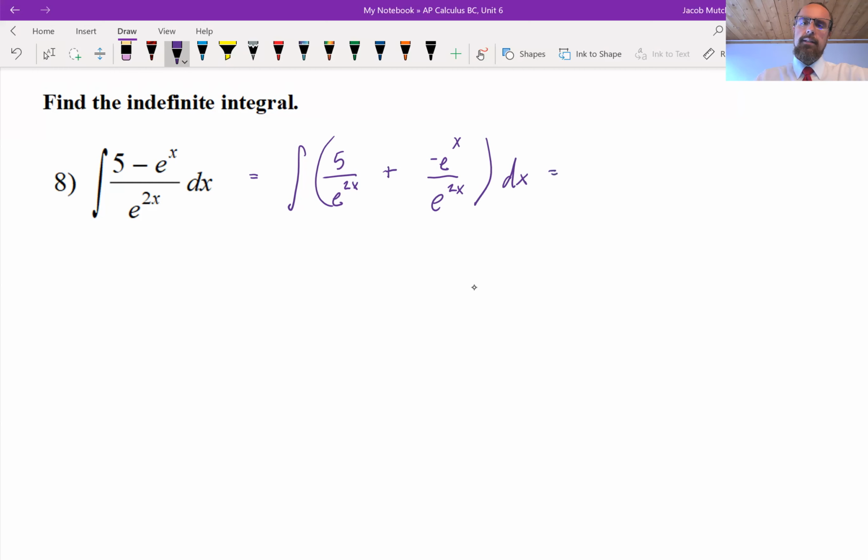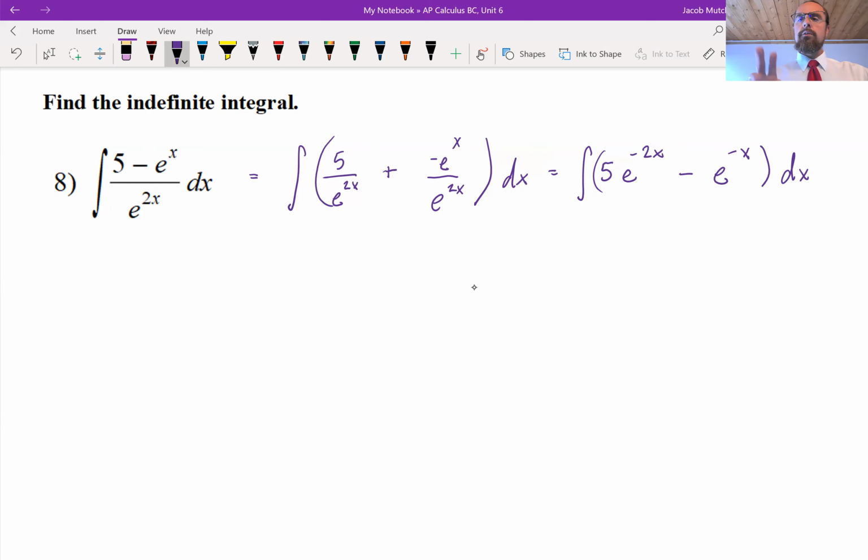So now this is going to be the integration of 5 e to the power of negative 2x minus e to the power. Now to combine this x above and this 2x below, remember I subtract that power. So x minus 2x is negative 1x dx. So that gives me opportunity at this point to make a substitution.